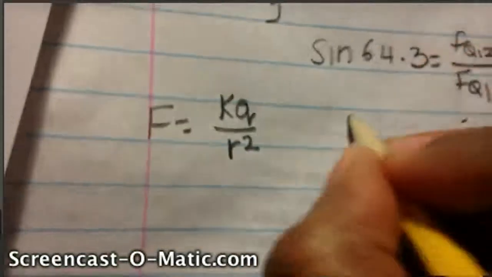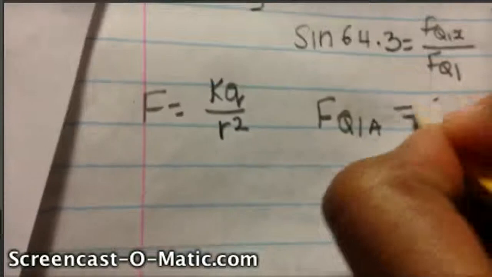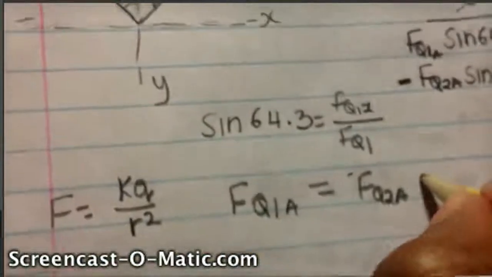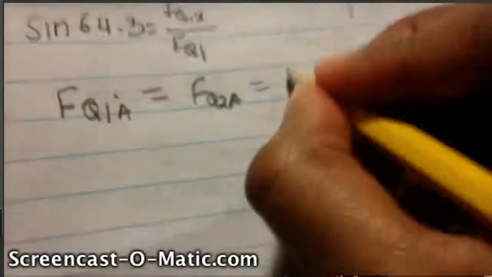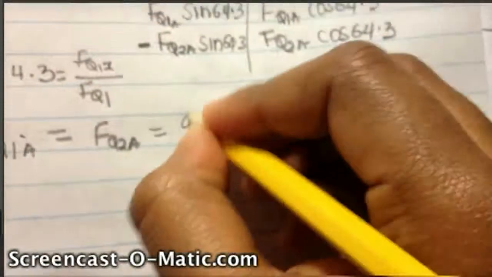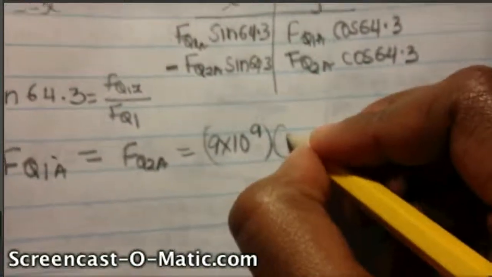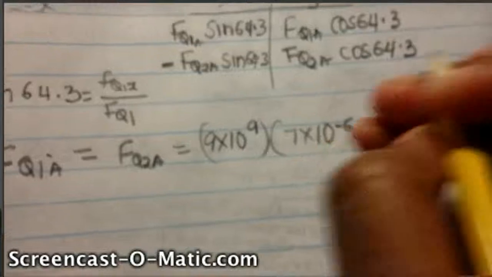And we know that F of Q1 on A is equal to F of Q2, because they're the same triangles. So let's just solve for F. K is 9 times 10 to the 9th, times Q1 or Q2, which is 7 times 10 to the negative 6 coulombs, over R squared.